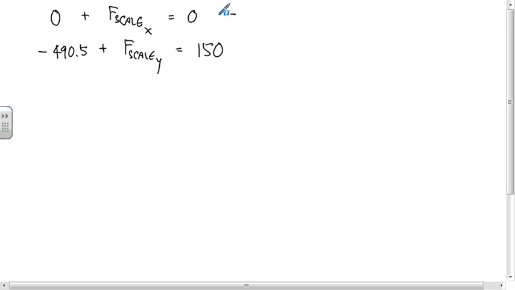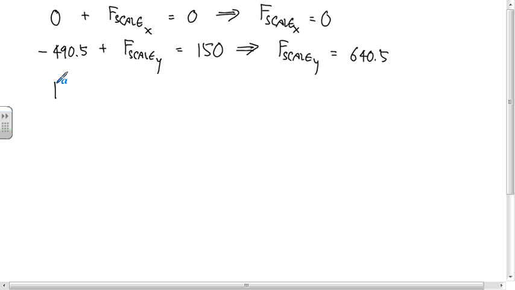Solve for this one, you get that F scale's x component is equal to 0. Solve for this one and you get F scale's y component is equal to 640.5. So the final answer is the force vector applied to the person by the scale is 0, 640.5. And what are the units? Newtons, yep.